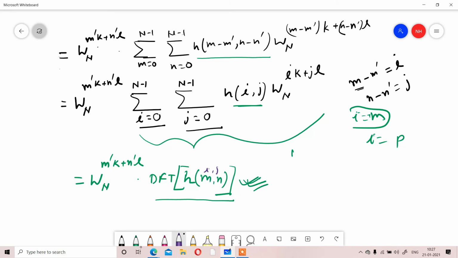So up to that clear. Then just keep in mind that term, DFT of h m minus m dash, n minus n dash, defined by this expression. Keep in mind that term.